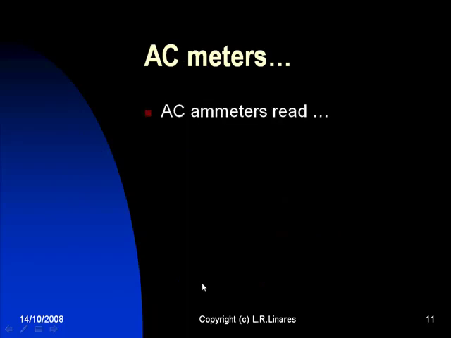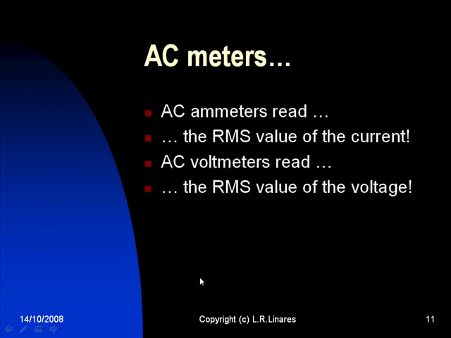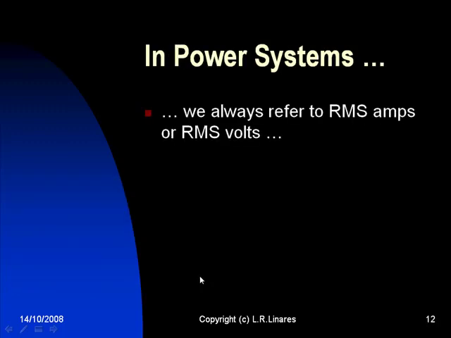AC voltmeters and AC ammeters are built so that they measure the RMS value of currents and voltages all the time. So in power systems, every time you hear a voltage or a current number, by default, we are always referring to RMS amps and RMS volts. If we want to say something specifically different, such as peak value or peak to peak, we have to say so. If we don't say so, we're always talking of RMS value.